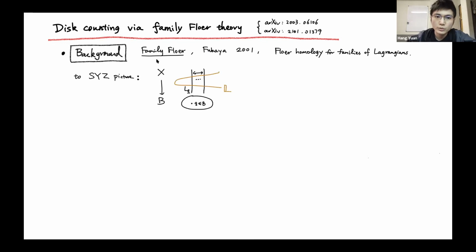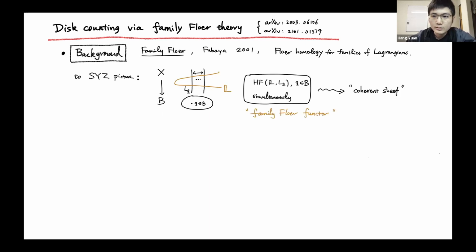Suppose we have some nice Lagrangian fibration, and we have a Lagrangian section. The torus fibers give you a natural family of Lagrangian submanifolds.